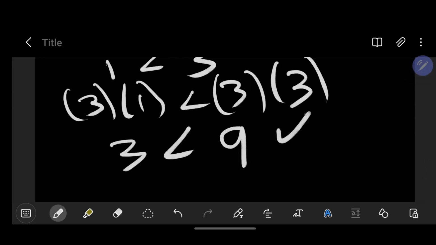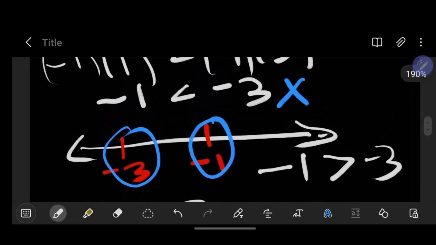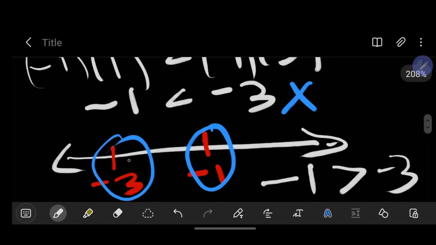So this is correct. As you can see from the positive side, we do not need to change the inequality sign. However, for the negative, as we did above, we need to change it to still keep it true. As you could see in the previous example, keeping the inequality the same did not make sense, and as a result, the inequality was not true.